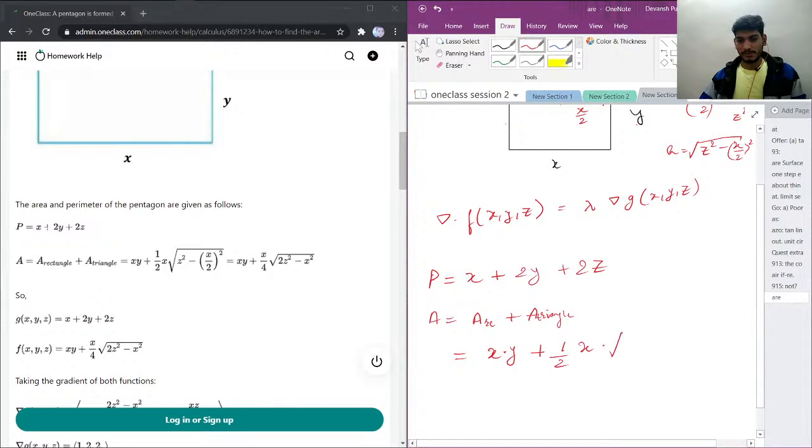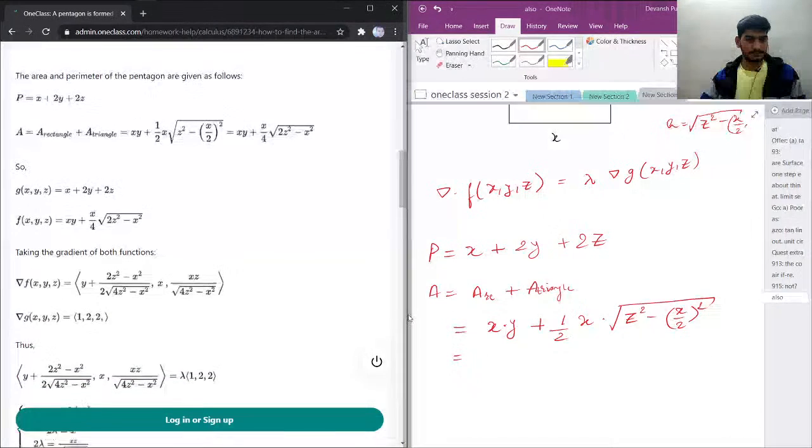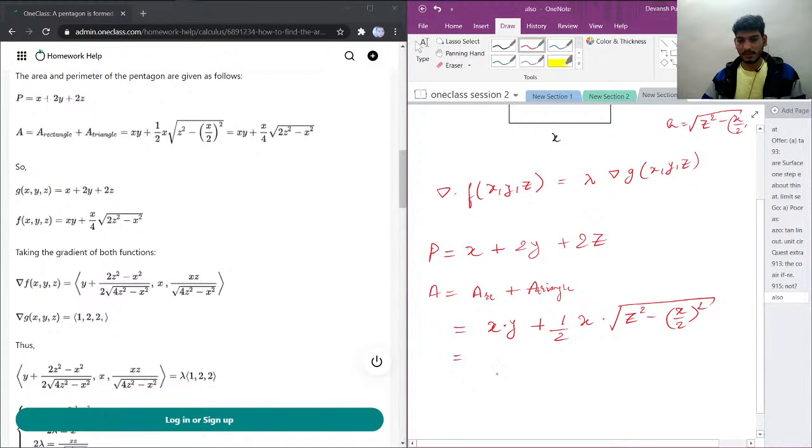So this is going to be z square minus x over 2 whole square. Okay, so we'll just simplify this further. X into y plus half of x.